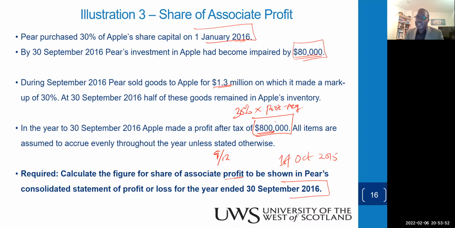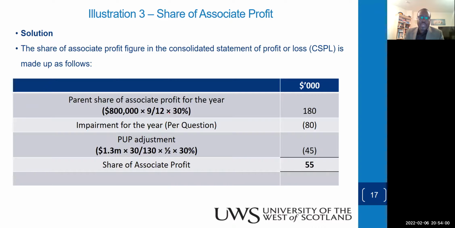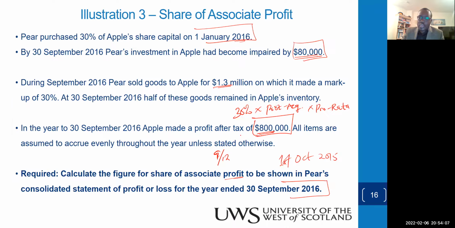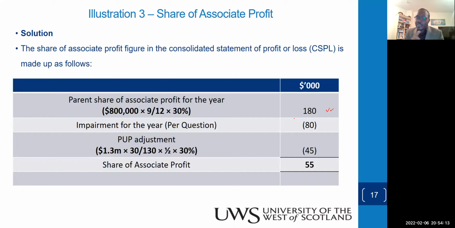We've been given a full post-acquisition, times the pro rata. So look at the date carefully. That's why we have 800 times 9 over 12 times 30% gives us this. Impairment for the year, don't prorate everything. What was the impairment from the question? 80,000, subtract everything. Don't prorate.